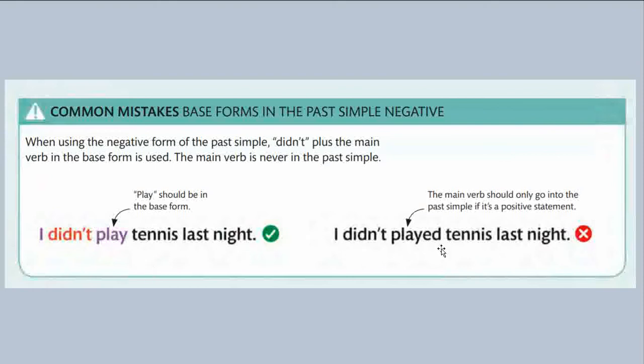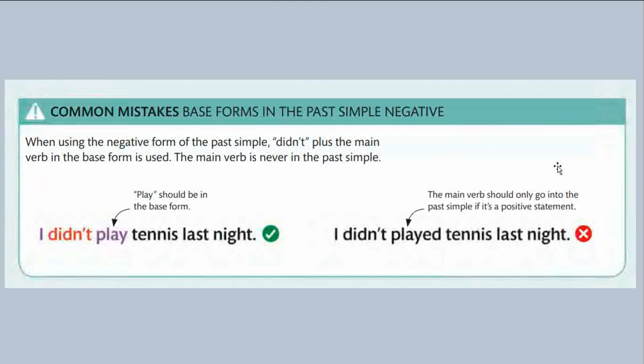I didn't played tennis last night is incorrect English. It is wrong. The main verb should only go into the past simple if it is the positive statement. So that means if you're saying I played tennis last night, that is a positive or an affirmative sentence.